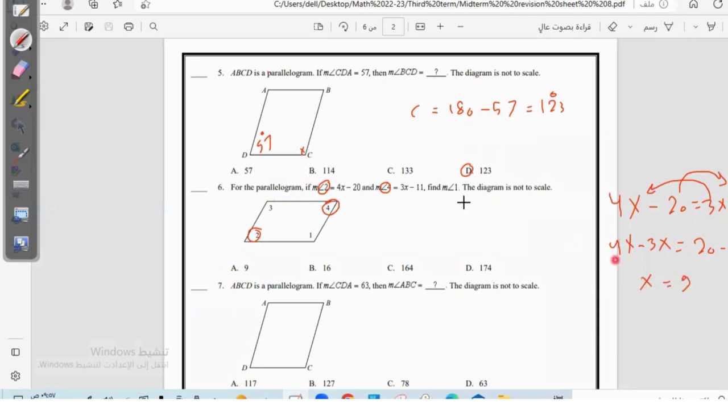Okay, now he asked about angle 1. Angle 1 equals what, teacher? This angle, you should find what?